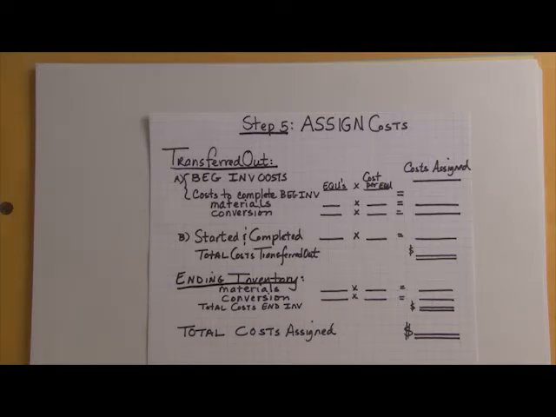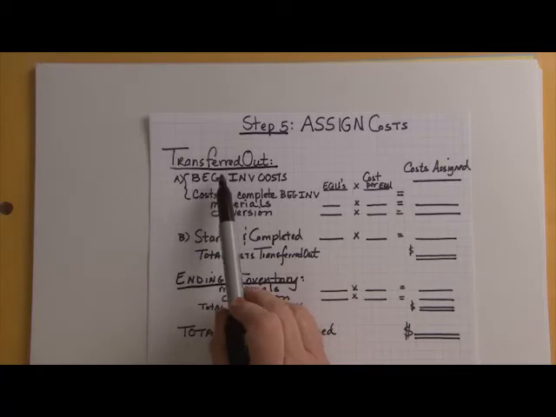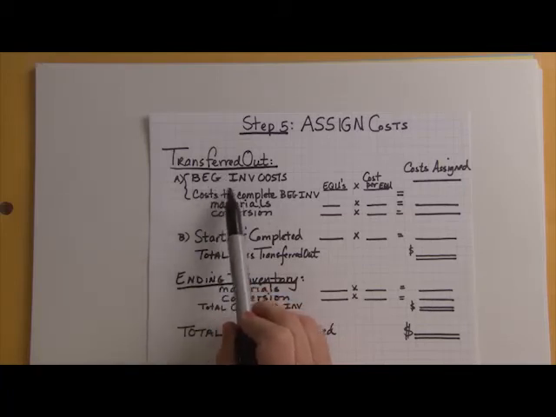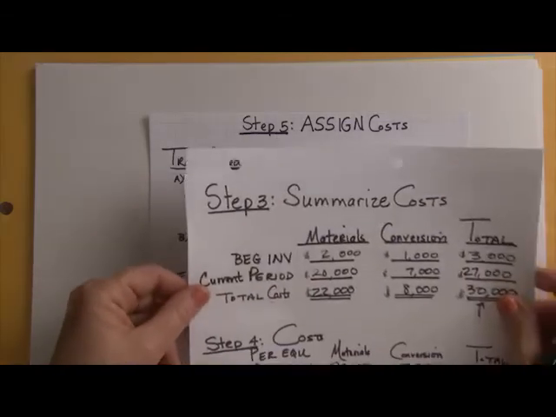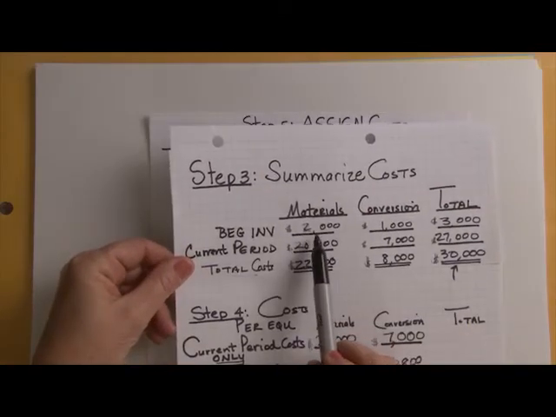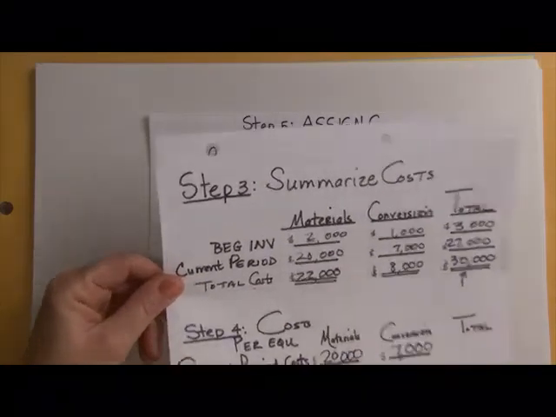We have to look up to step 2 and get our equivalent units. But there is going to be a change in the transferred out because we have 3 cost areas. We have to look at those costs that were already associated with the beginning inventory. We showed those costs in step 3. That it was $2,000, $1,000, and $3,000.